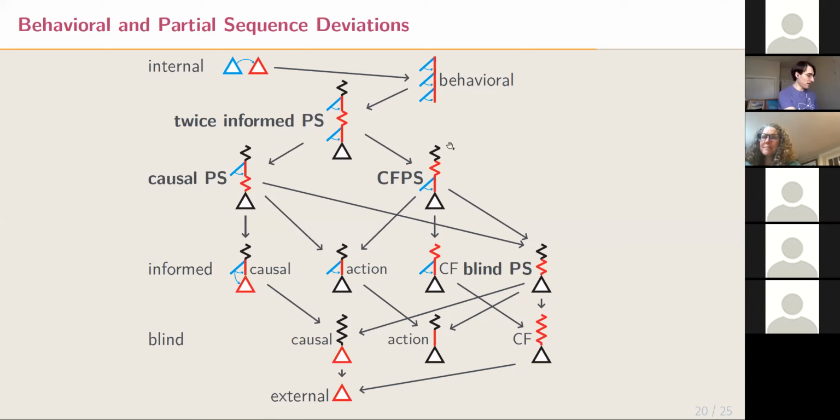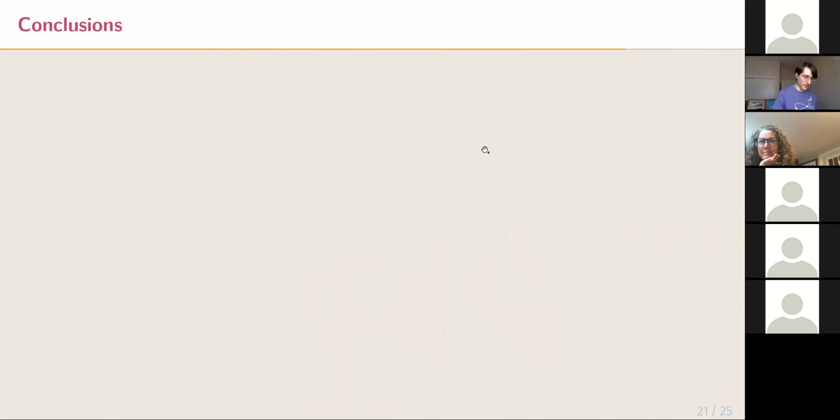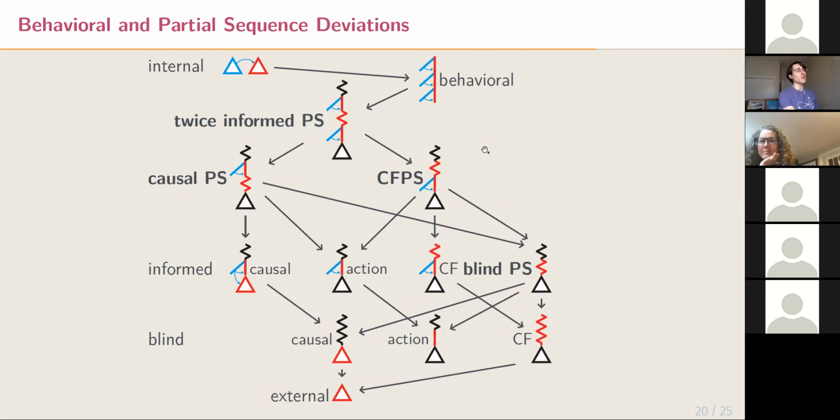Well, one thing you could do is just ignore, if you wanted to, the intermediate ones, like the causal and counterfactual partial sequence ones. The blind partial sequence ones are kind of interesting just because they're cheaper, but they still subsume all the blind versions of the deviations. So twice informed is kind of the major umbrella deviation type.